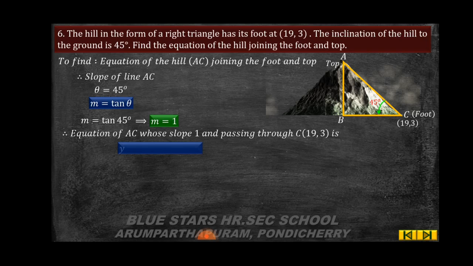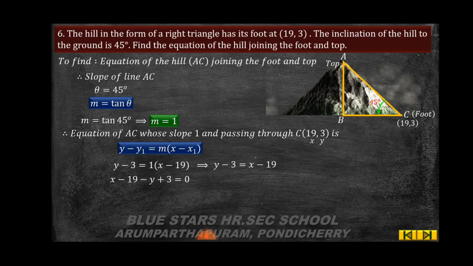Therefore, the equation of AC whose slope is 1 and passing through C (19, 3): you have one slope and one point, so the formula is y minus y1 equals m into x minus x1. Substitute the values in the formula. You get y minus 3 equals 1 into x minus 19, which implies y minus 3 equals x minus 19.